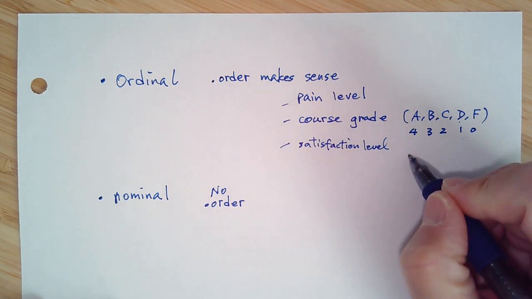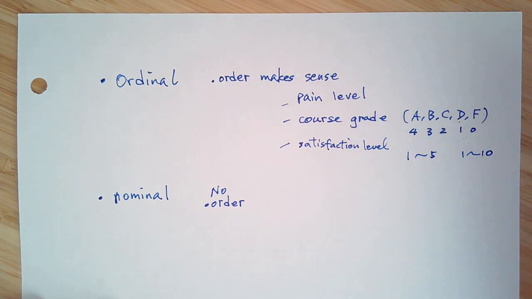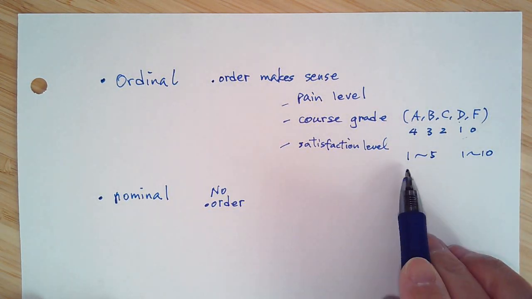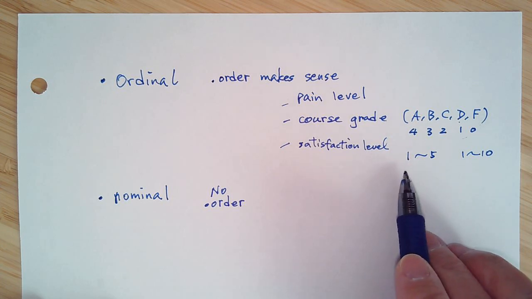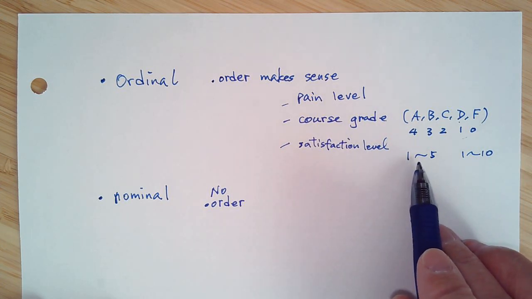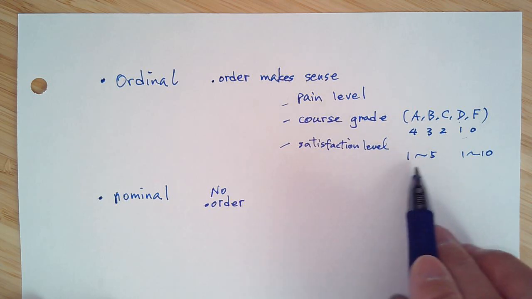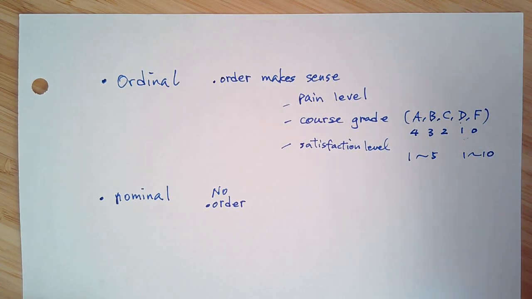That could go from 1 to 5 or 1 to 10. Even though that looks like numbers, they're not quantitative. Those are labels, and a 5 is better than 4, 4 is better than 3, 3 is better than 2. So there's an order there. The order makes sense. Then that satisfaction level is ordinal data.